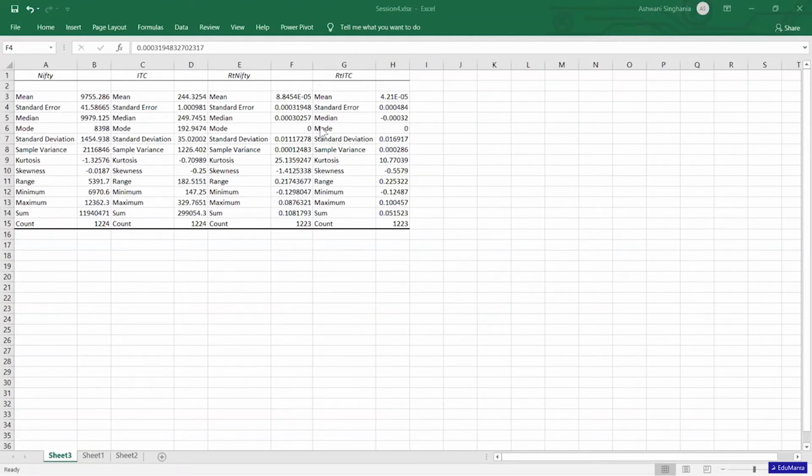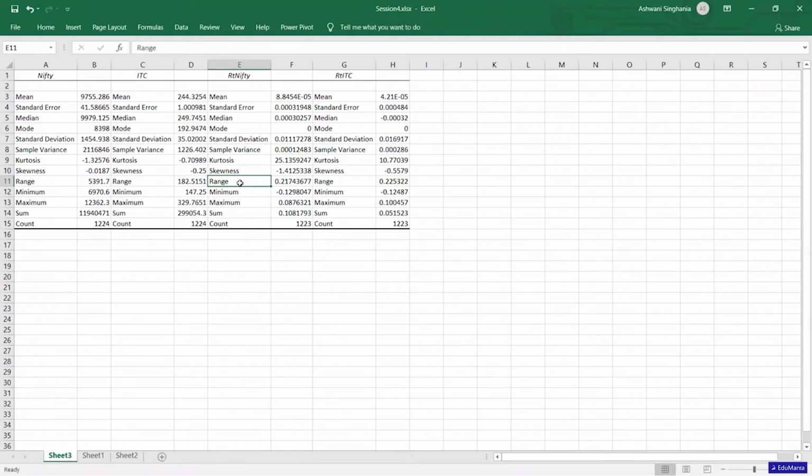Yeah, so we have also calculated the median, mode, standard deviation, sample variance. Now, kurtosis and skewness, I will just explain what these two terms are and how to calculate them. Range is the maximum minus minimum. We studied yesterday how to calculate the maximum and minimum values.